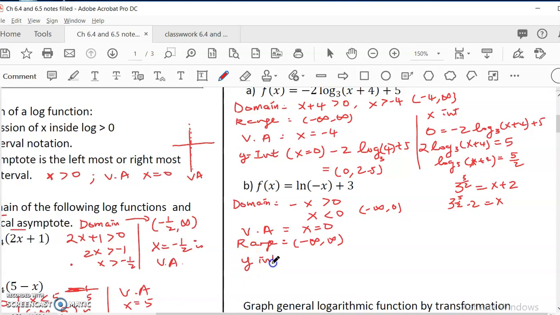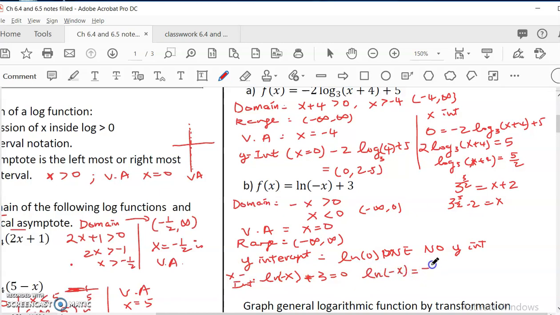For the y-intercept, we set x equal to 0, but ln of 0 is undefined, it does not exist, so there is no y-intercept. For the x-intercept, we set ln of negative x plus 3 equal to 0. That means ln of negative x equals negative 3.